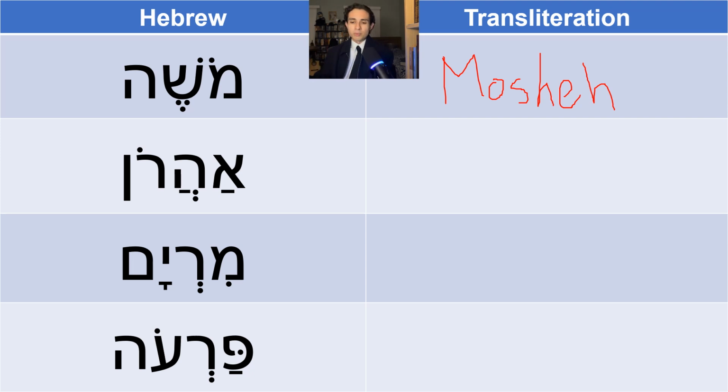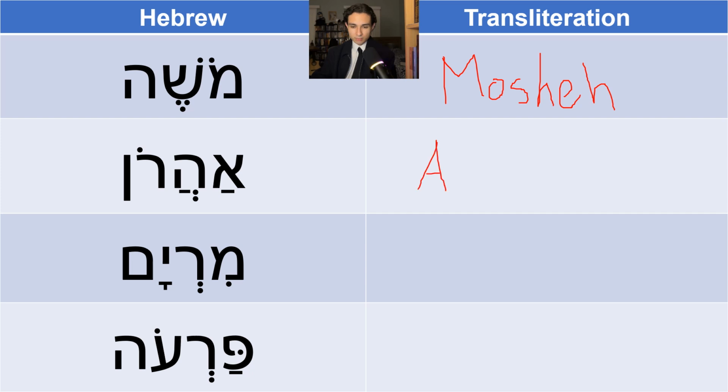Whereas in English, while the hey does have that sound, it's not really emphasized at the end of a word like this unless it's a Mapic hey. But even so, I include the final H just to try to be faithful to that transliteration of Moshe.